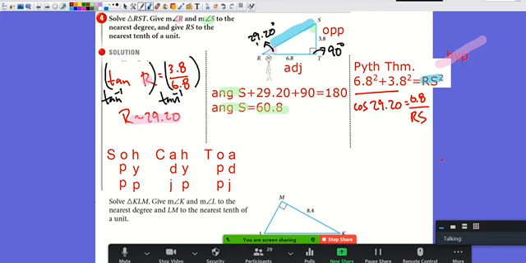Okay, let me dip that in blue. Or you can do sine of 29.20 equals 3.8 over RS. And then just cross multiply. Okay, so any of these three work. I find that most people actually like using the trig more than the Pythagorean theorem.